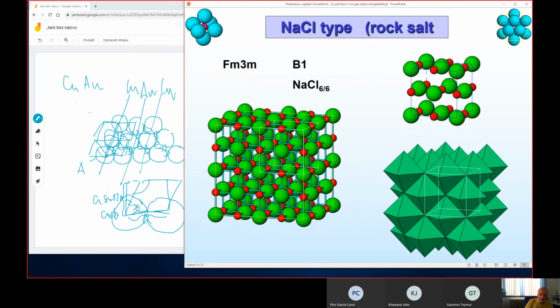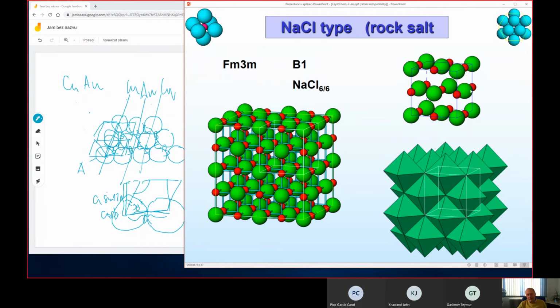The first and the most famous structure type is the sodium chloride or rock salt structure type, where all octahedral sites are occupied. I will show the single unit cell, and a more extended part of the crystal lattice. Here it is 2 unit cells in each direction, and then the arrangement of coordination polyhedra.